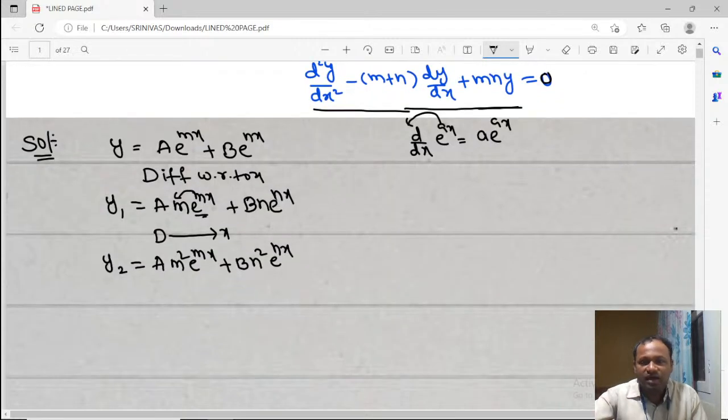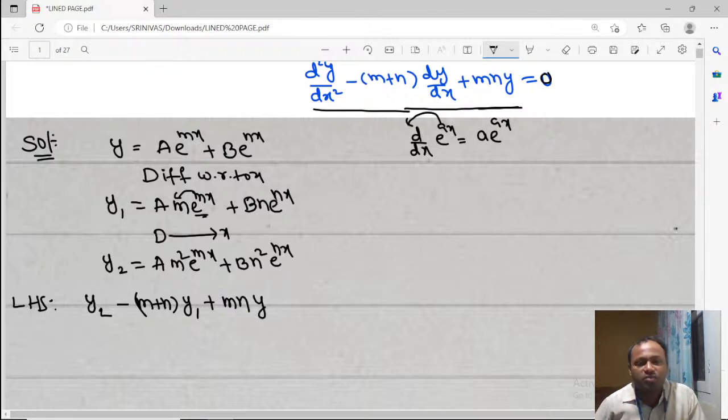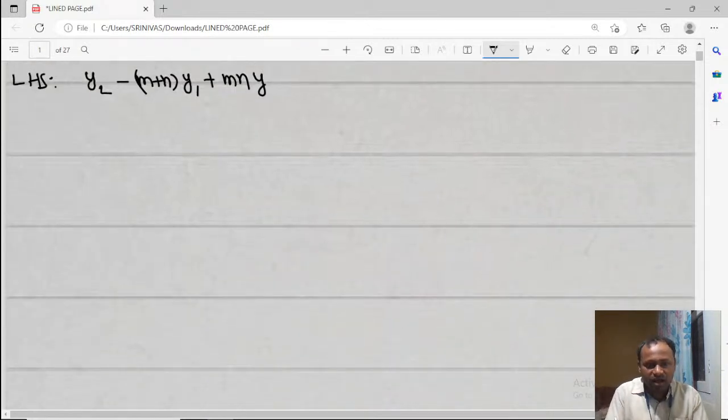So I will take the LHS. LHS is d square y by dx square, which is y2, minus m plus n into dy by dx, which is y1, plus mn into y. Its answer I have to prove is 0.